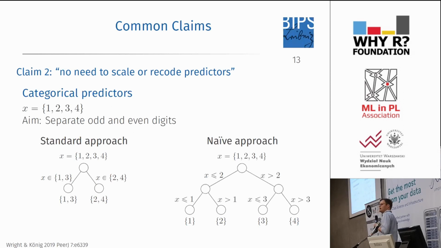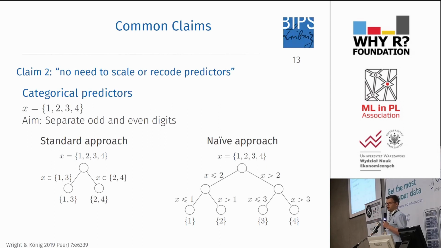If you do the naive approach, so just treat them as numbers, you will always need 3 splits for that. No matter how you start splitting, you need 3 splits, because you can only do linear splits, and in the end it will completely separate your 4 numbers.